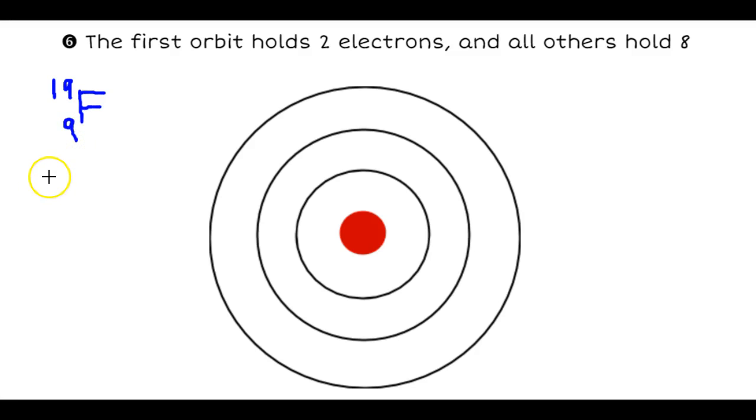So I have 9 protons, and assuming this is neutral, I'm also going to have 9 electrons. I get my number of neutrons by saying 19 minus 9, which gives me 10 neutrons.